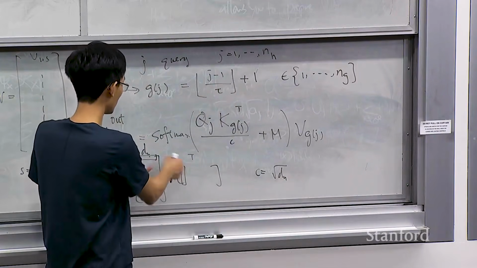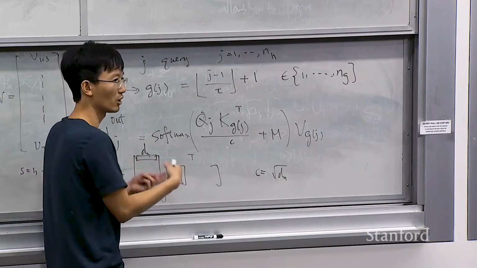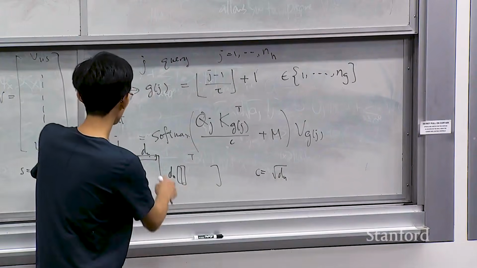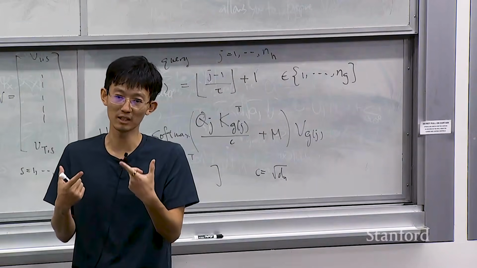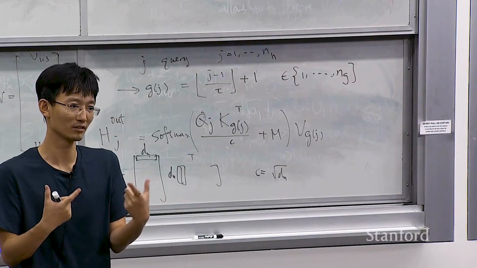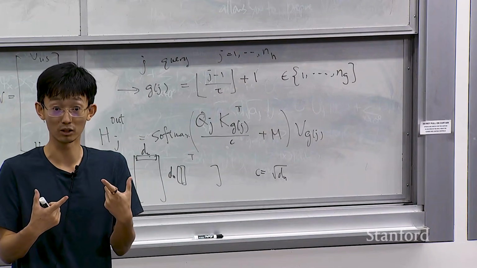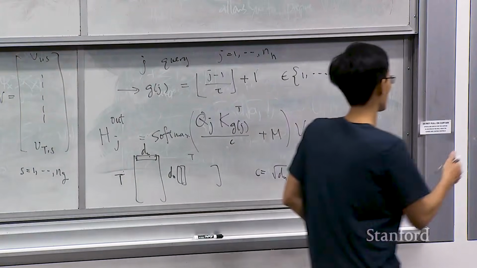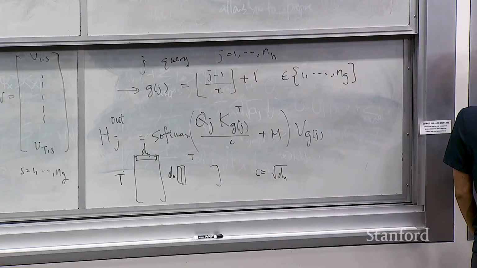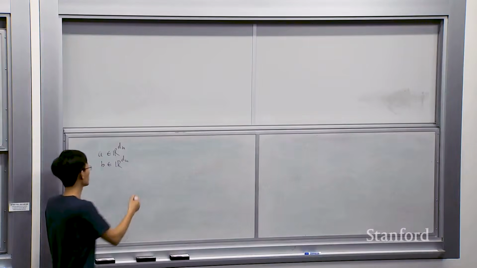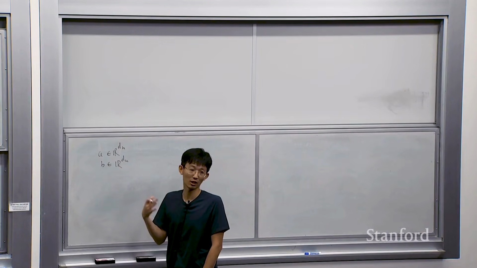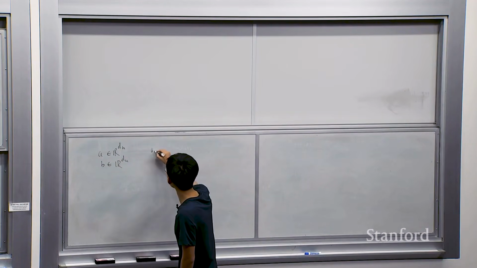And that's because if you have, suppose these two matrices are on the order of +1, -1, then the inner product between two vectors, of dimension DH, most likely if they are random, is on the order of square root DH. Suppose you have two vectors, A of dimension DH and B of dimension DH, and they are somewhat random, and each entry of A is on the order of +1, -1.